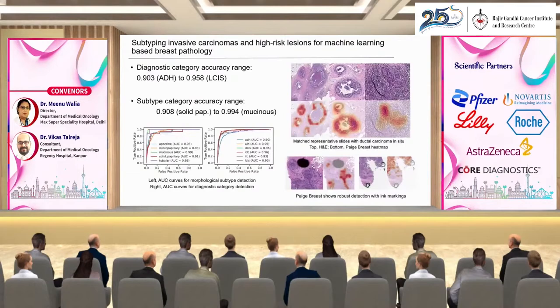For subtyping of invasive breast carcinoma, they have shown that for solid papillary the area under the curve was 0.90, and for mucinous it was 0.99. So it was excellent, and for pre-neoplastic also it was quite good. And you can see Paige marks the area of interest, in this case a malignant duct, by heat map.